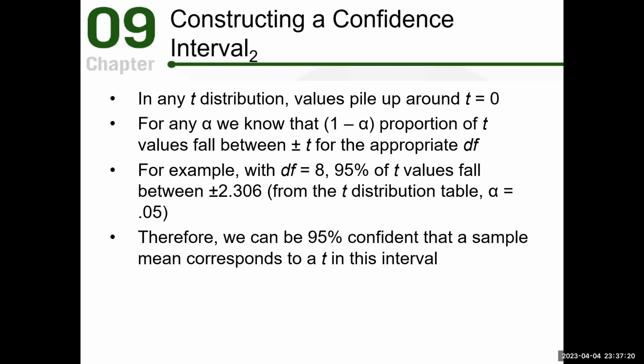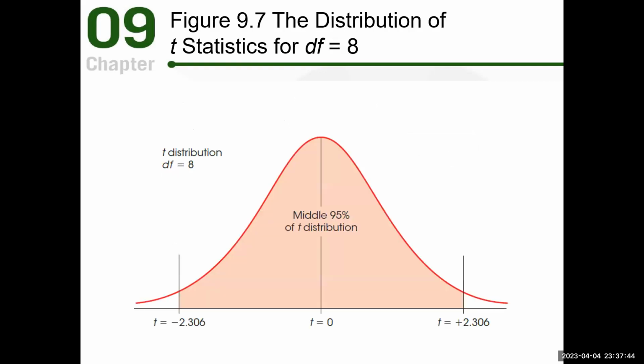We go down and we find 2.306. Therefore, we can be 95% confident that a sample mean corresponds to a t in this interval. That's how we're so certain, because we know that 95% of the t values are going to fall within this range.